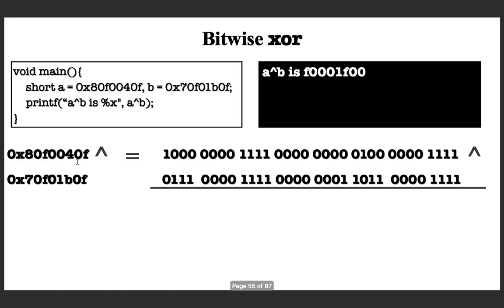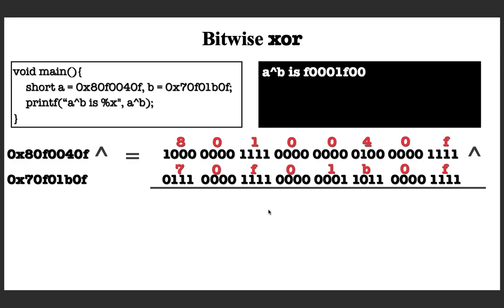Expand it, you can verify the expansion, and exclusive OR means if you perform it at the bit level, if both the bits are same, then the value will be 0. 0 exclusive OR 0 is 0. Similarly, 1 exclusive OR 1 is 0. That is, if both the bits are same, 0 or 1, then the result is 0.